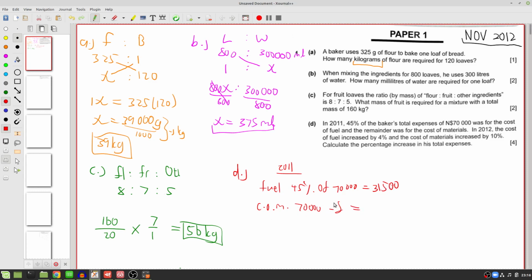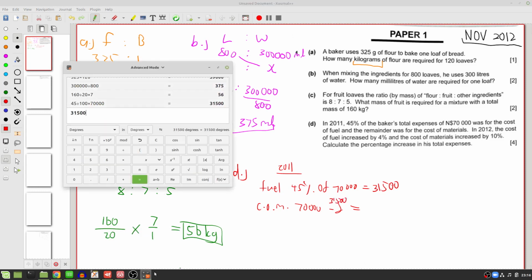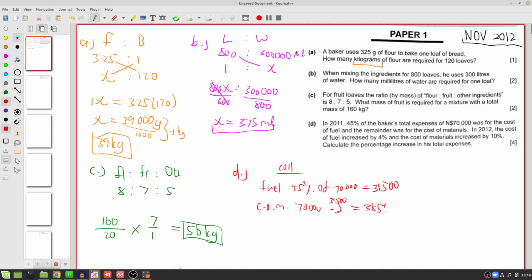Now we know the fuel was 31,500, so we can just subtract that. 70,000 minus 31,500 is 38,500. So that was the cost of fuel in 2011, and 38,500 was the cost of materials in 2011.